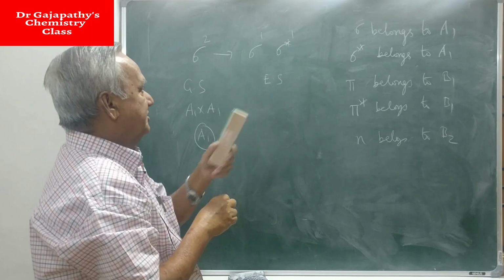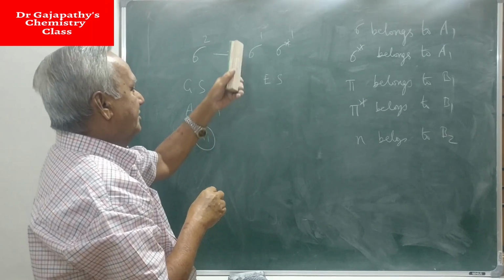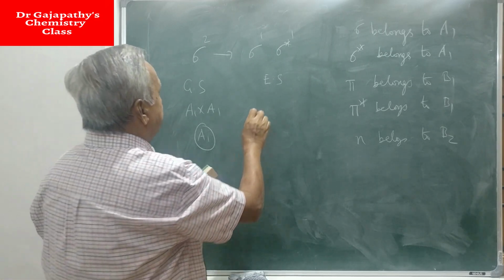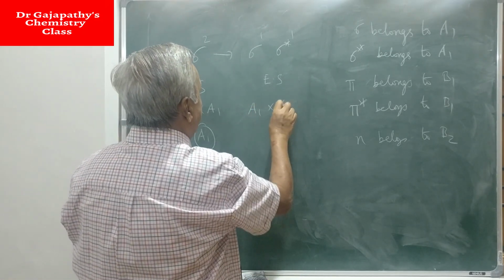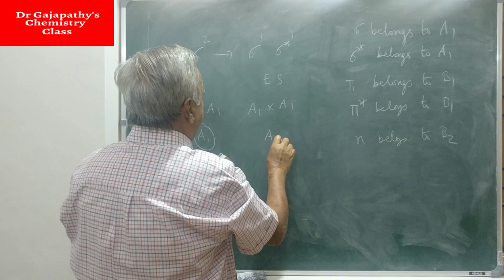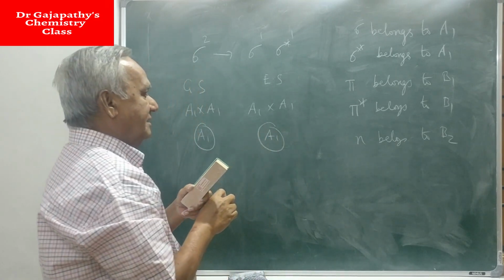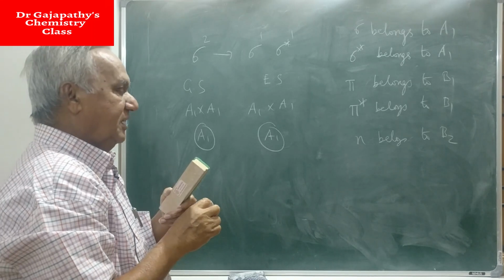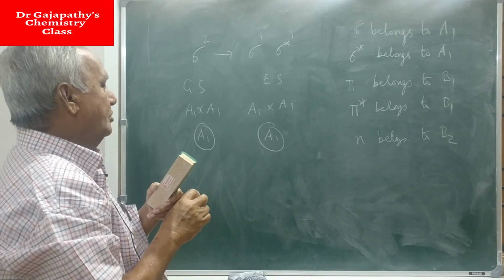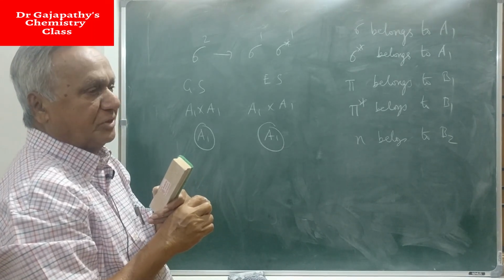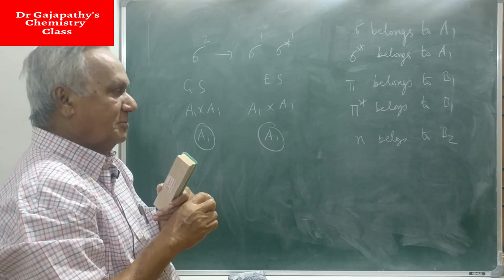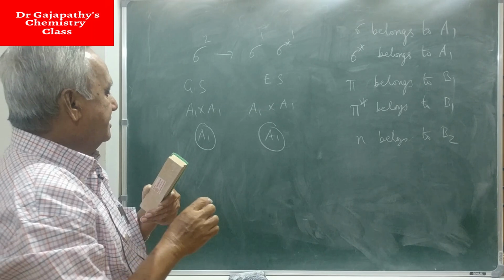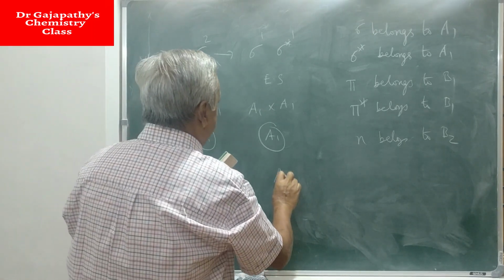How about the excited state? You have one electron in the sigma, one electron in the sigma star. Sigma belongs to A1, sigma star belongs to A1, so A1 into A1. The excited state is also A1. I told you the rule: symmetry of the ground state, into symmetry of any of the Cartesian coordinates, into symmetry of the excited state should be equal to A1. Symmetry of the ground state is A1.